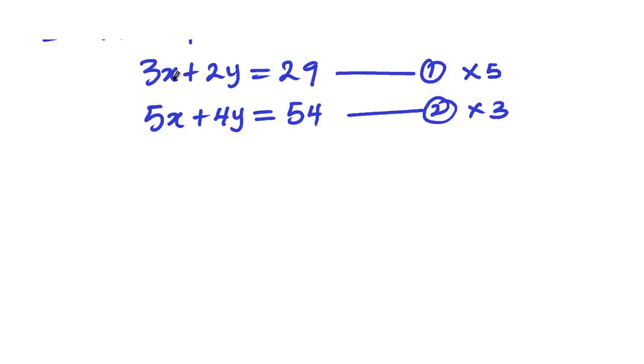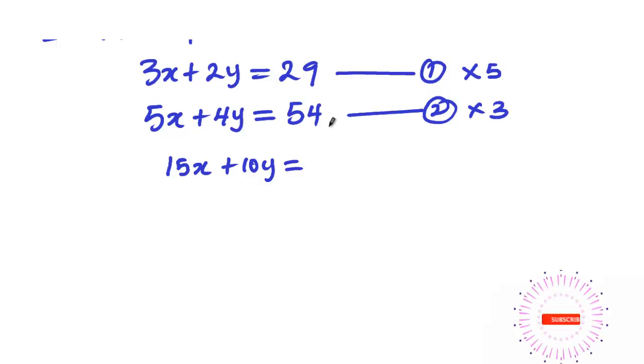So let's continue. 3x times 5 will give us 15x. Then 2y times 5, that is plus 10y, will now be equal to 29 times 5, and that will give us 145.